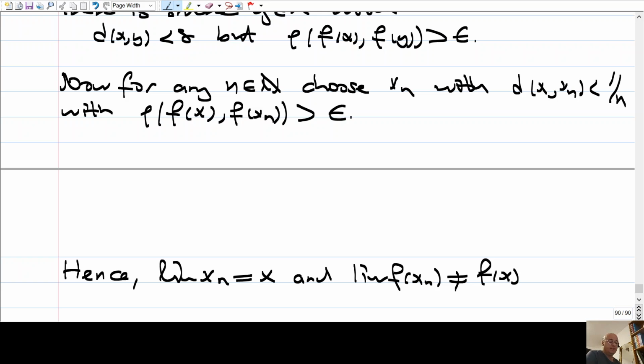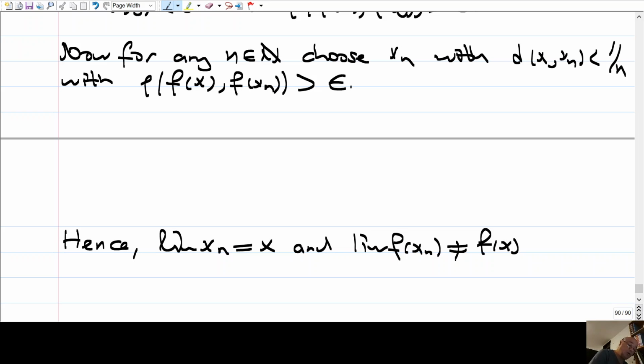I don't even know whether this limit exists or not, but it is certainly not equal to f of x, because if it were, after some index, this distance would be less than epsilon, but it is never. Okay, so we found a sequence in X which converges to x. However, their images do not converge to f of x, and this is what I wanted to show, right? If f is not continuous, I can find a sequence satisfying these two conditions. This finishes the proof.